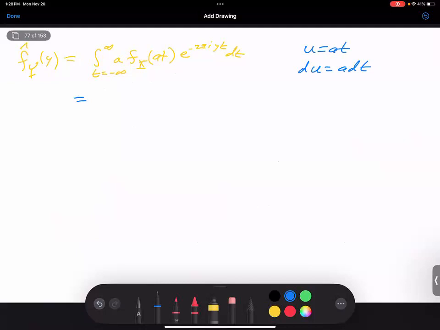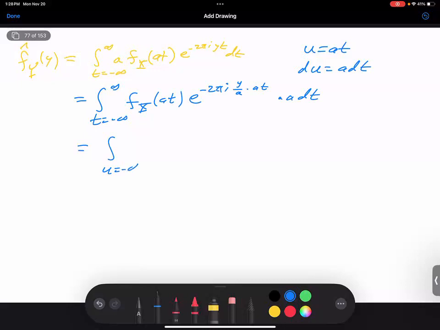So I can write this as the integral, t goes from minus infinity to infinity, f_X(at) e to the negative 2 pi i, I'm going to write it as y over a times at times a dt. And now wherever I see an at, I can replace that with a u, and an a dt, I can replace that with a du. So this is going to become the integral, u goes from minus infinity to infinity, f_X(u) e to the negative 2 pi i y over a u du.